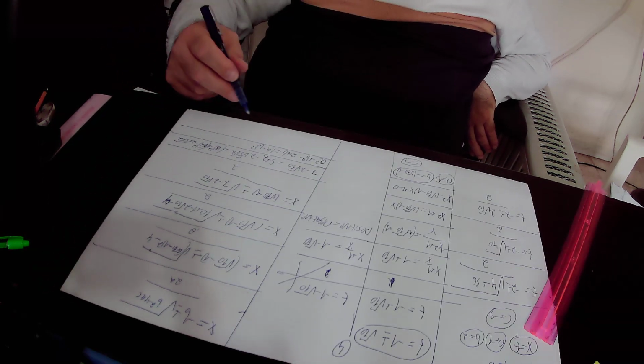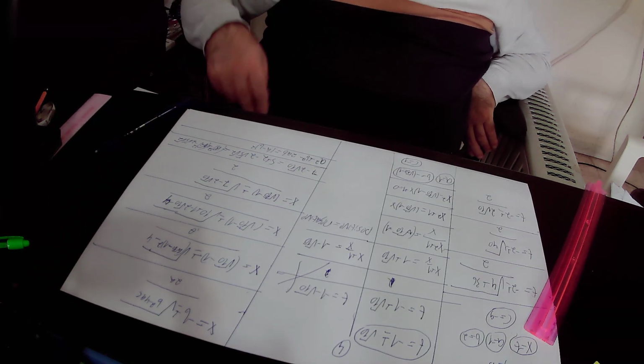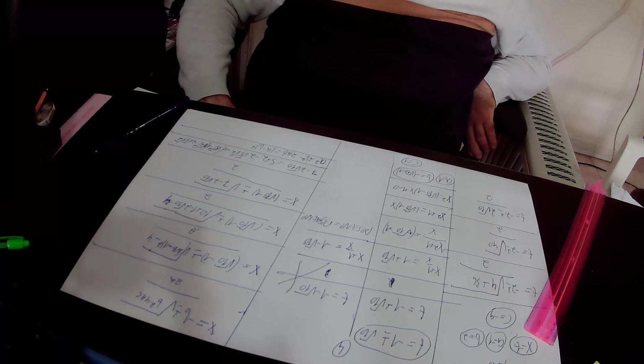Therefore, according to this identity, we can substitute our expression by (a minus b) squared, and in our case a equals square root of 5 and b equals square root of 2.